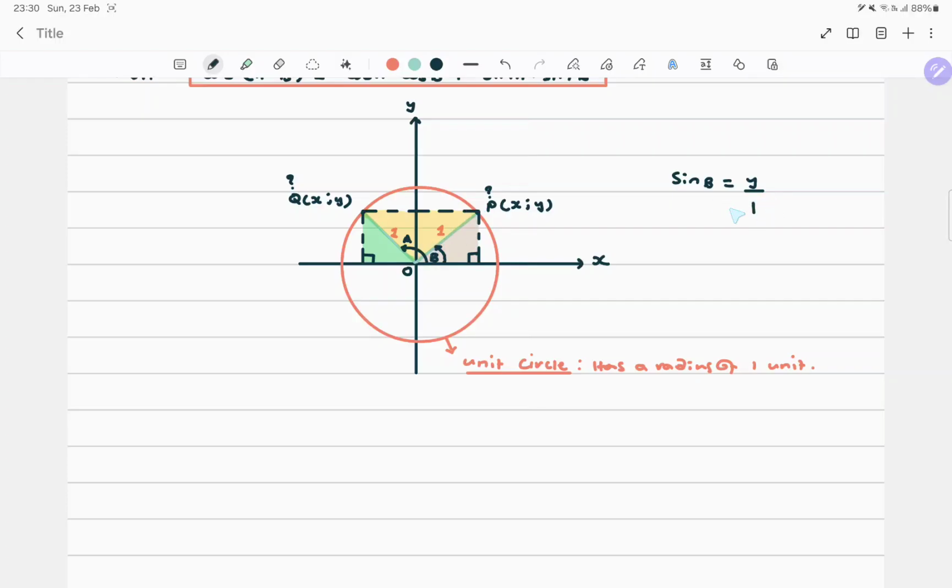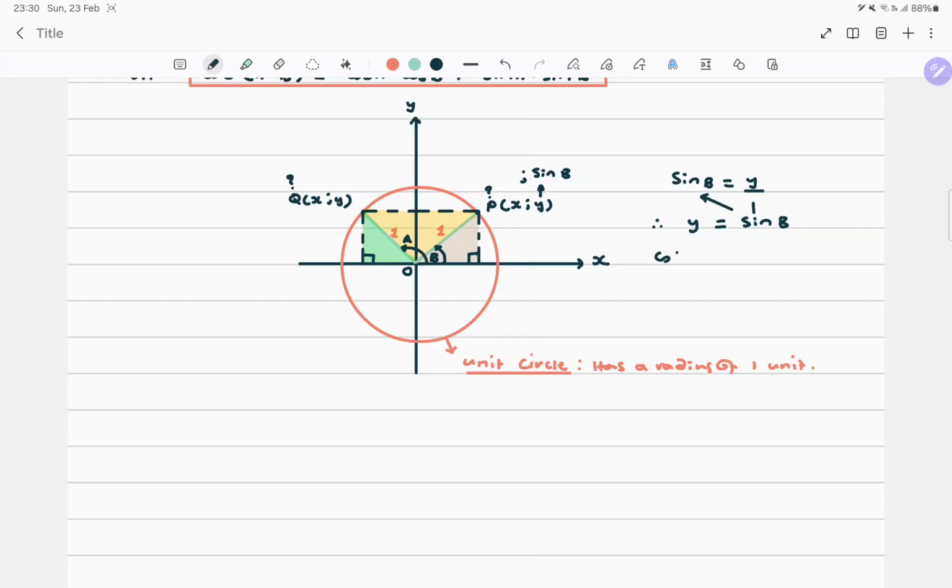Okay, so if we cross multiply here, what do we get? We see that y is going to just be sine of angle B. So we know that our y here is sine of angle B.